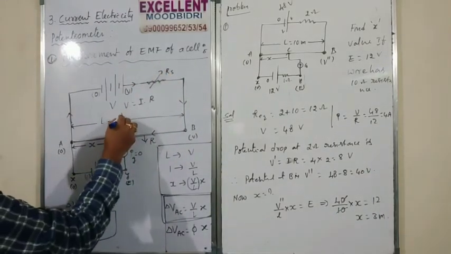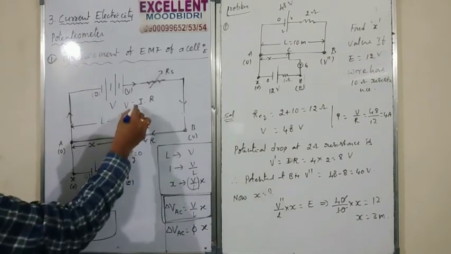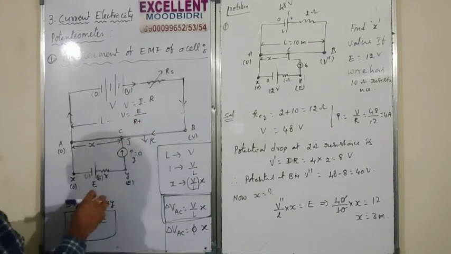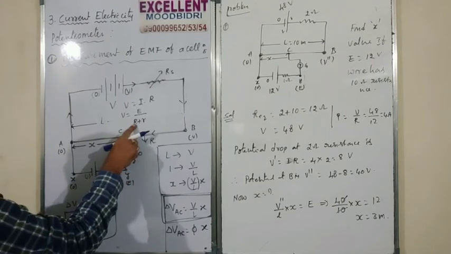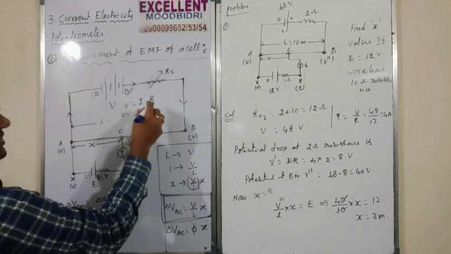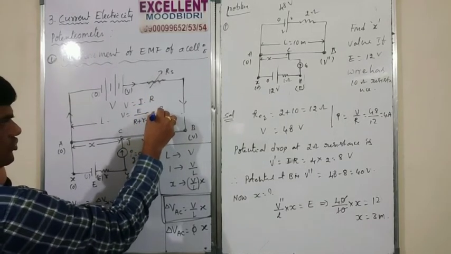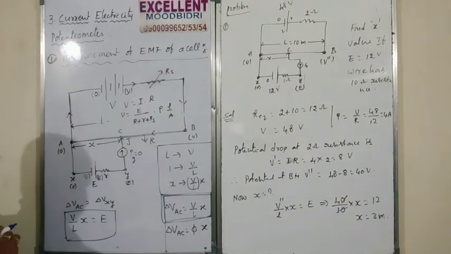So I is equal to, a special formula, E divided by R plus the resistance. The rheostat resistance is RS, and the wire resistance is R. R is equal to rho into L by A, correct?